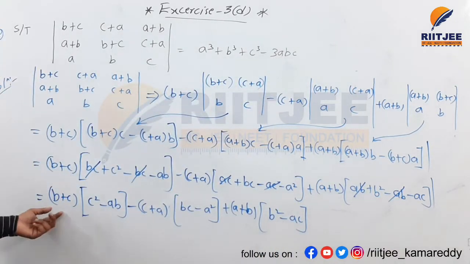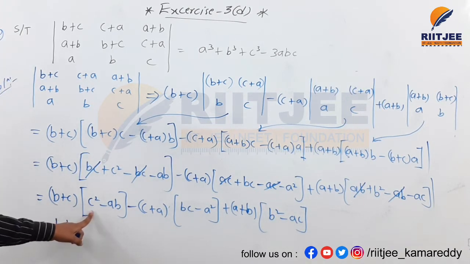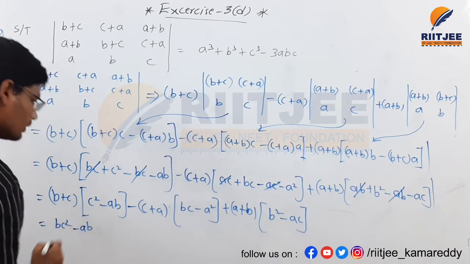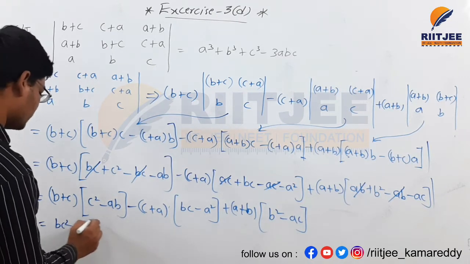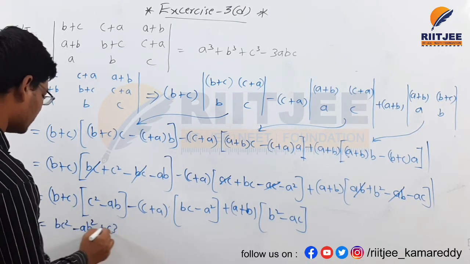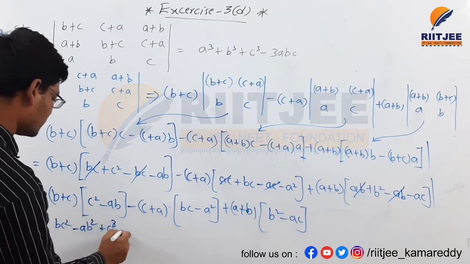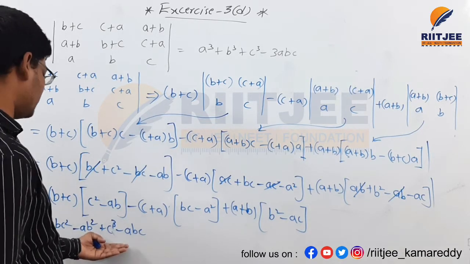And let's multiply all the terms here. B into C square, BC square, and B into AB, minus AB square. Next plus C cube, C into C square, C cube, that is C cube minus ABC. This is the final complete expression.